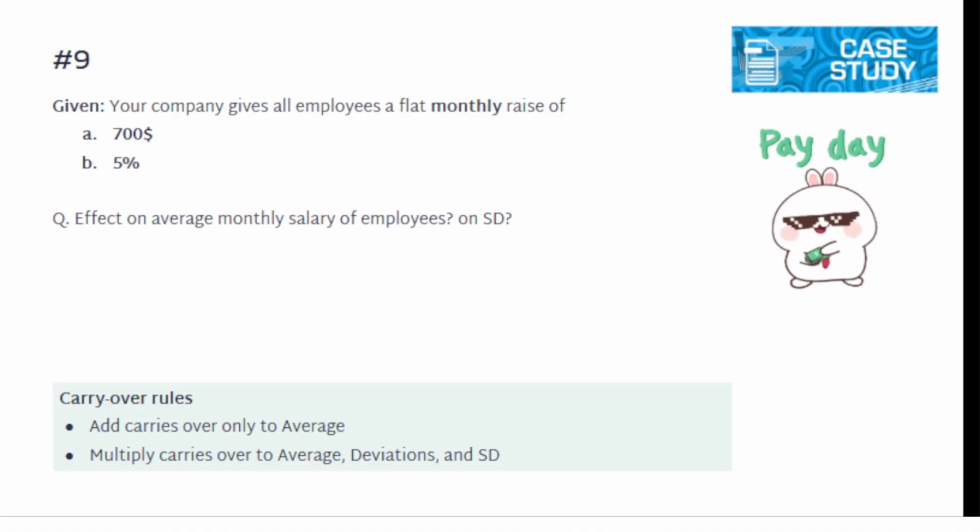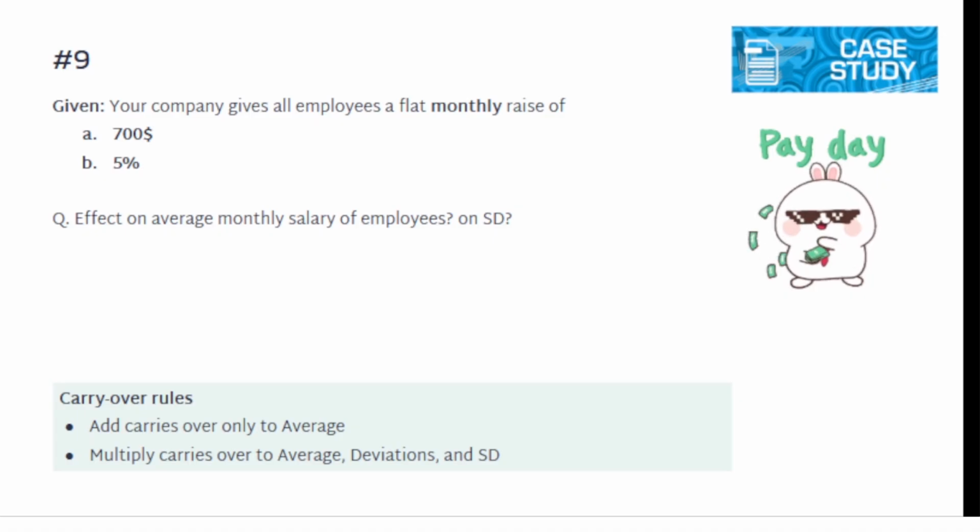Case B, if all the employees get a flat raise of 5%, this is multiplication, meaning your current salary is multiplied by 1.05, your new salary, and for all other people it is multiplied by the same number.